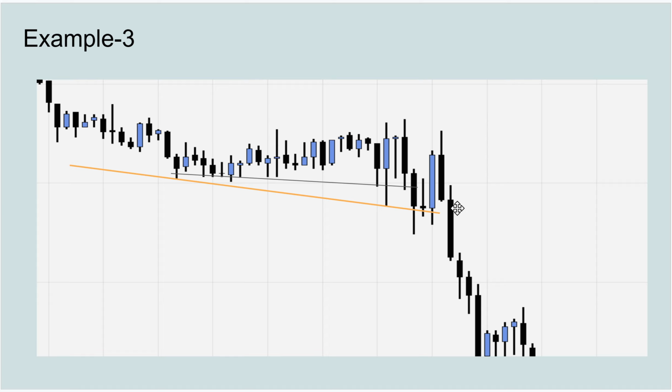More than 50% of its size is outside of the range. Closing almost on its low, at least 80-90% or more. And then you have a follow-through bar. These are very reliable setups then.